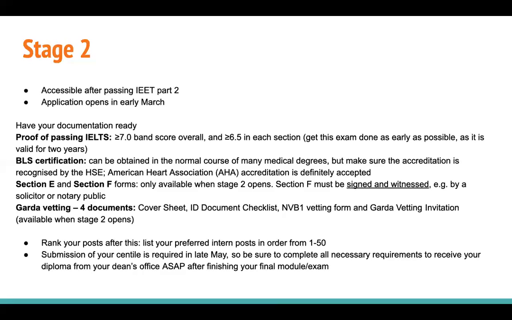So have that ready. And then section E and section F, these are two forms also I'd imagine are only available when stage two actually opens. Section F must be signed and witnessed by a solicitor and notary public, and Garda vetting. So again, this is delivered to you when stage two opens. So these are documents that you need to have filled out as soon as you can once that application opens.